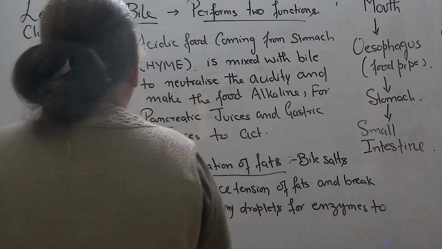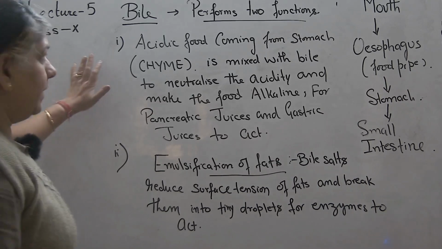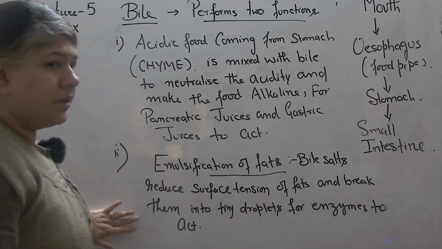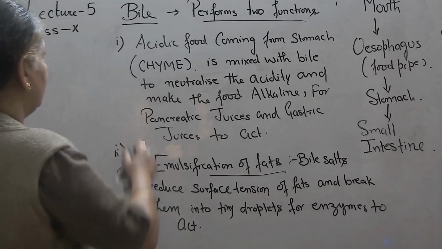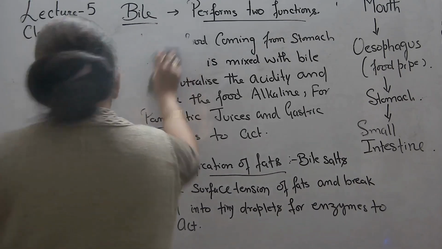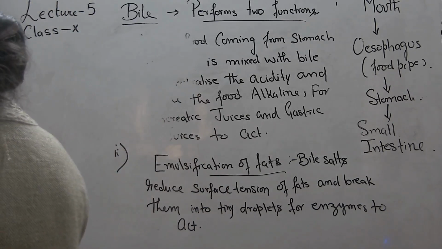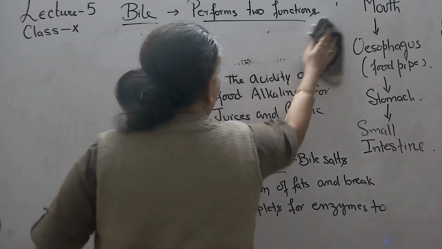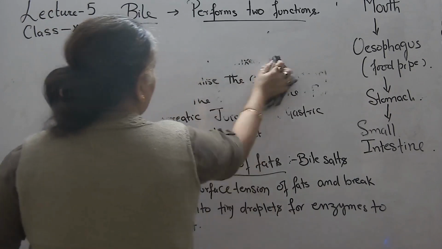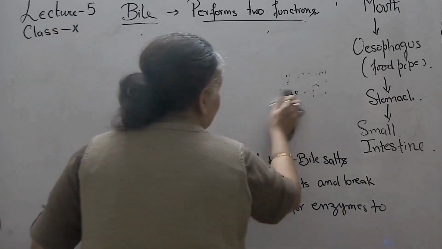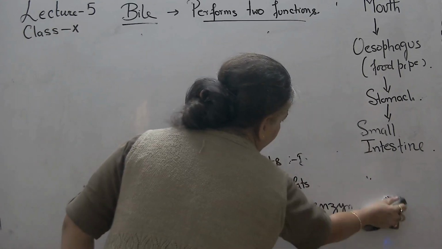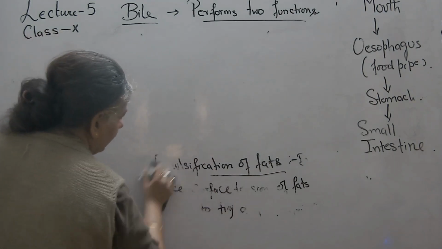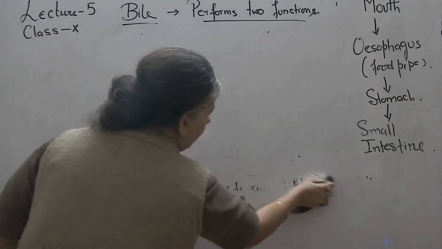Okay, so these are the two functions: it is making food alkaline in nature and also it is emulsifying fat. So if you have a 3-marker question, explain it the way I have written down.